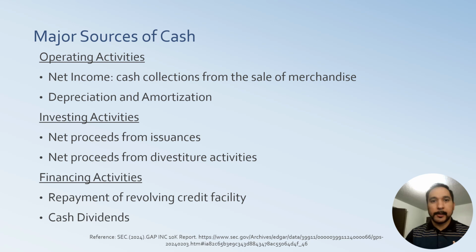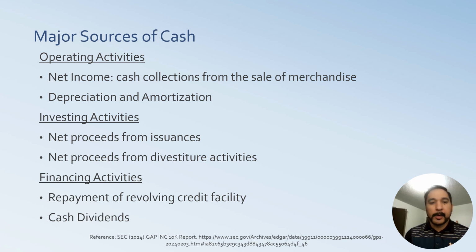So our first line of review is looking at the 10K report provided by the Securities and Exchange Commission, or SEC, for 2024. I was able to comprise the major sources of cash, dividing it up into the three categories: operating activities, investing activities, and financing activities.